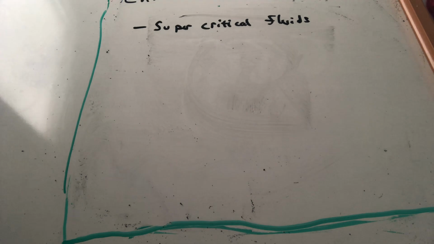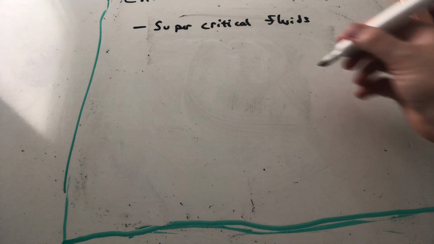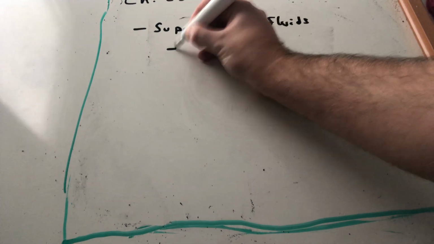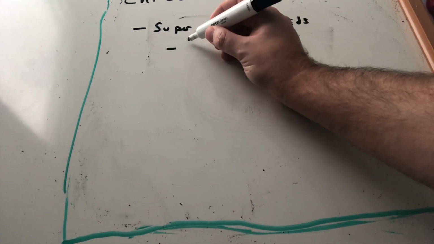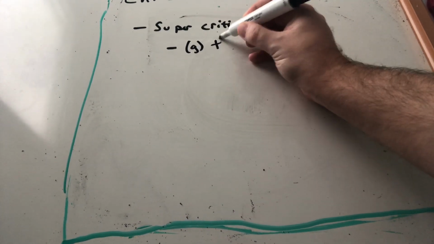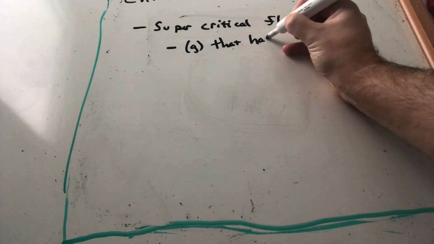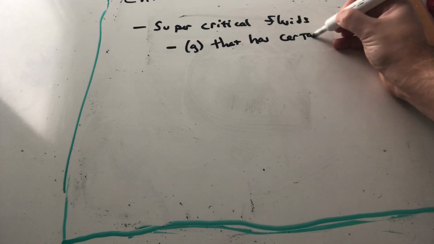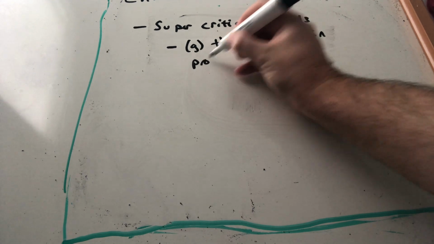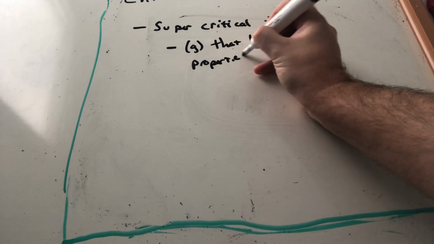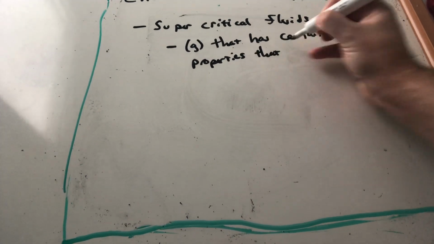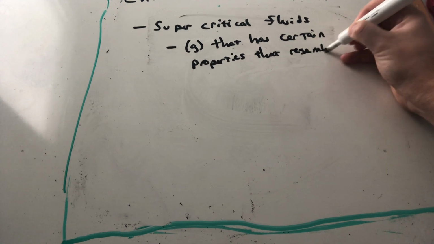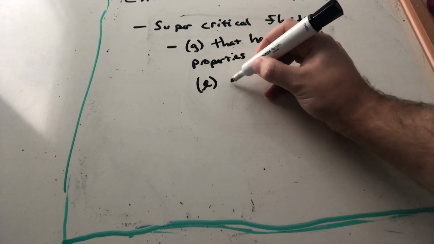These are really interesting chemical systems, but we don't need to know a lot about them for physical chemistry, so we're just covering a couple of different ideas, right? So it's like a gas that has certain properties that resemble liquid properties.